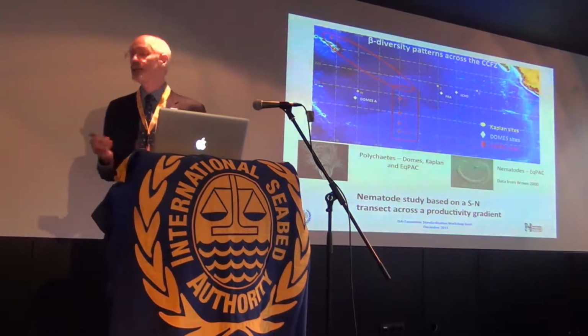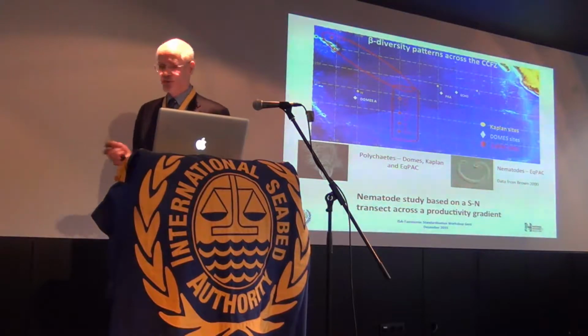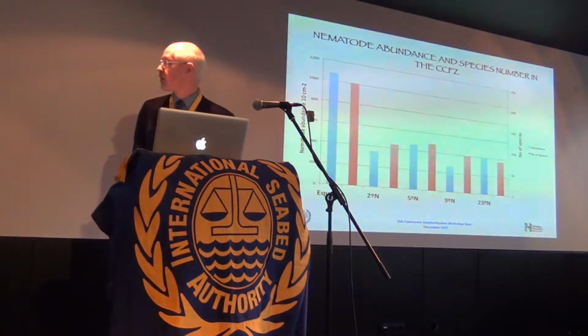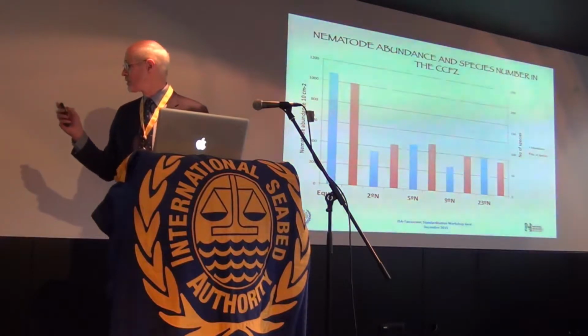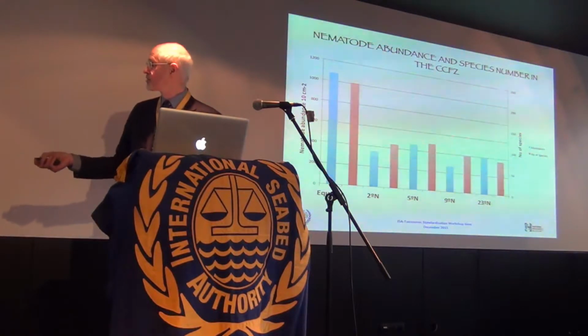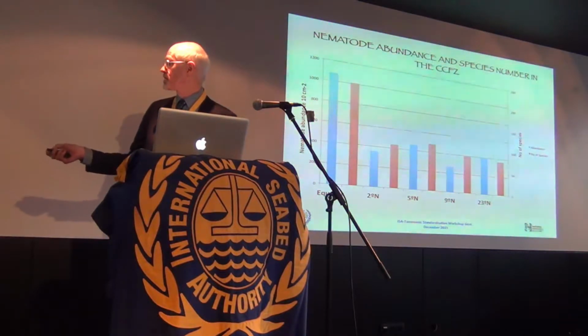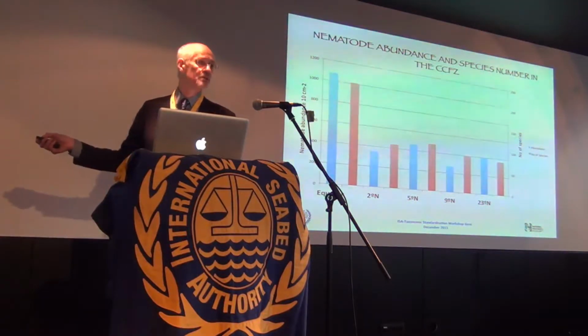We looked at the numbers of species and also the abundance of nematodes across these stations. The blue is the abundance. The abundance changes as you go north into the oligotrophic zones, and so does the number of species.